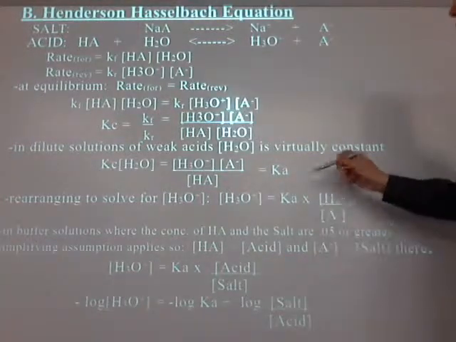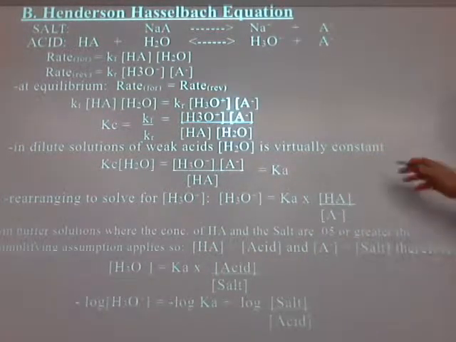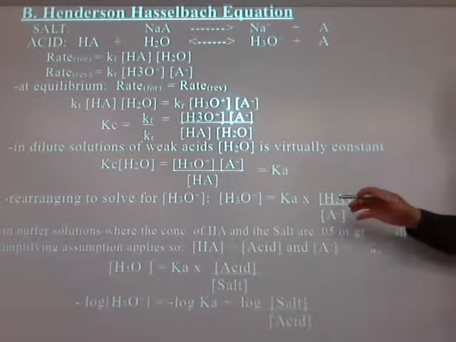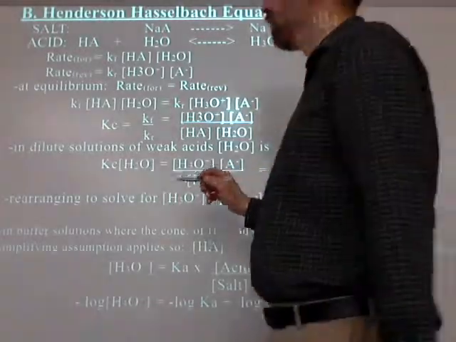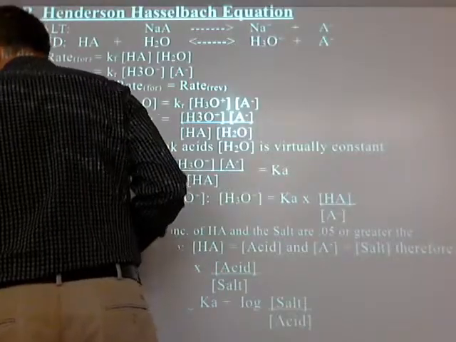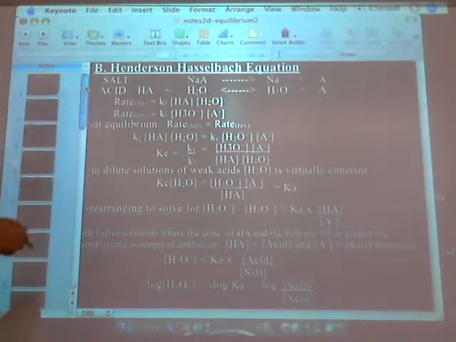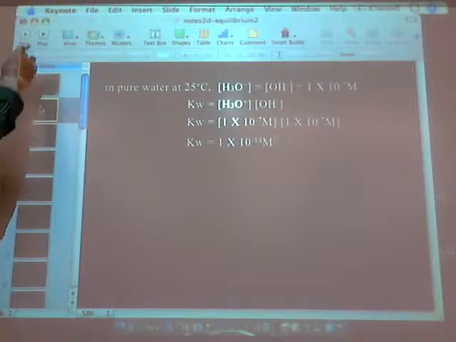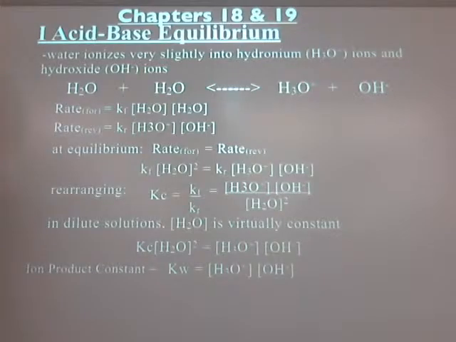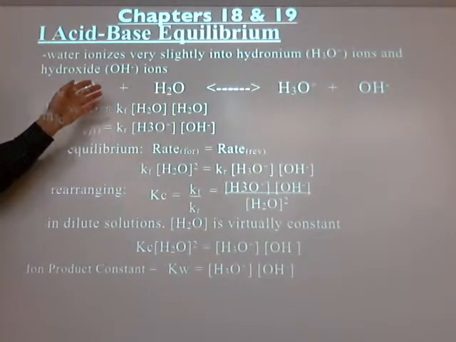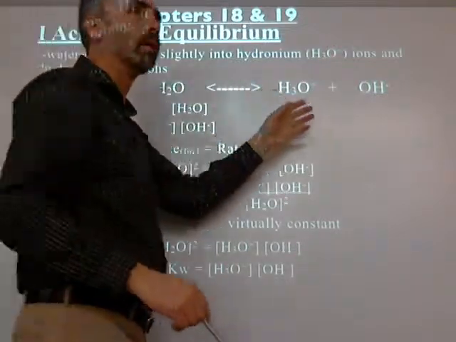Okay? If I were doing Kw, which I also said is a possibility on the test, then what would have been different is this. Matter of fact, again, I can go back to it because it's probably done for me up here. For Kw, the difference is the equation. The equation is water plus water.